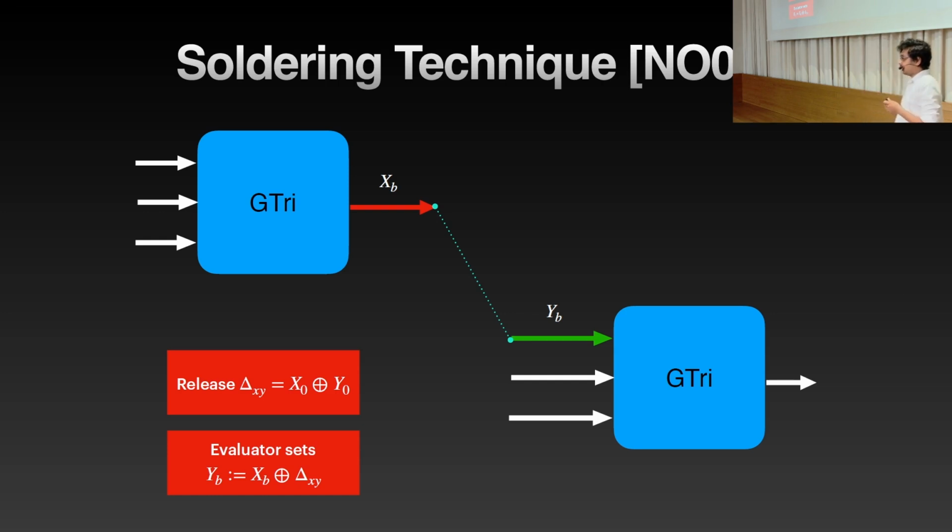Now, as we discussed, it can be soldered into an XOR gate or an AND gate, and for this we just let the evaluator run an OT for each gate to decide which one it needs to obtain, and once it's obtained, it can complete its garbled evaluation.